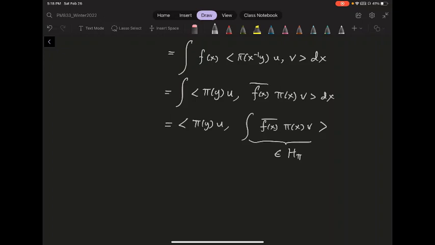So this is going to be some vector in H pi, so let's call it v prime. So this is essentially just phi of pi, u, v prime. So if you convolute something on the left, you end up with another of these matrix elements. So it's closed under convolution on the left, and on the right it is essentially the same thing. Okay, so we can do something similar.